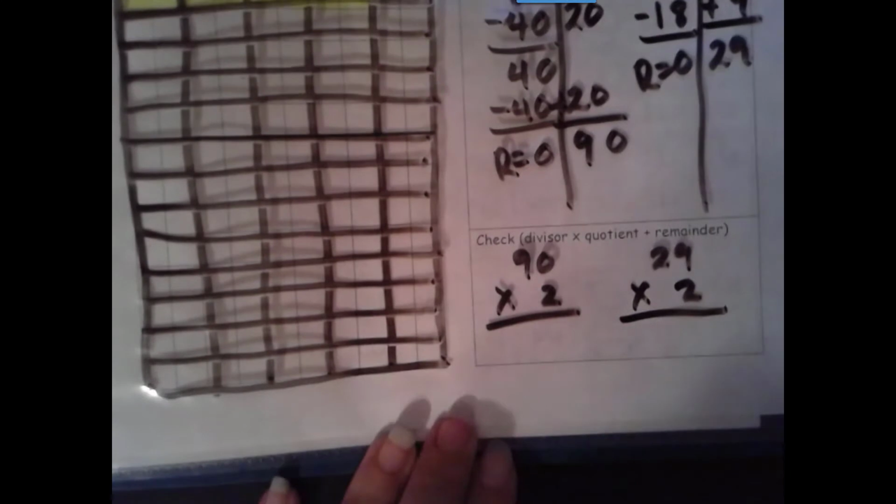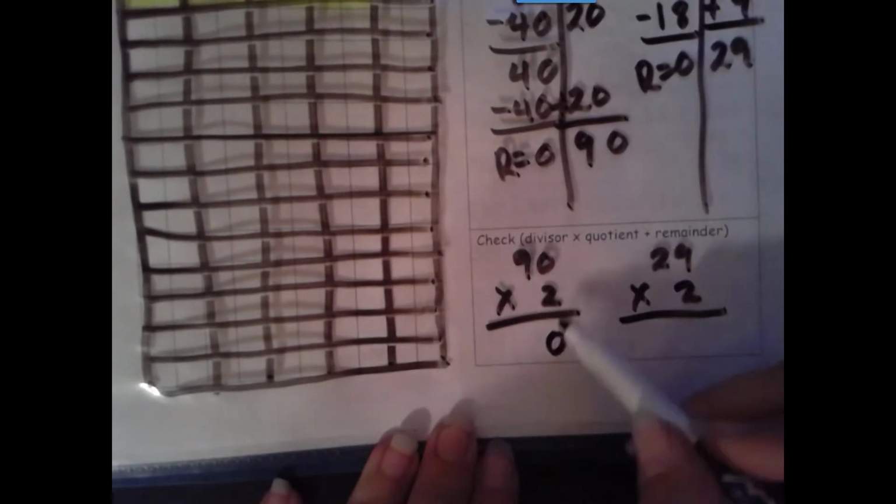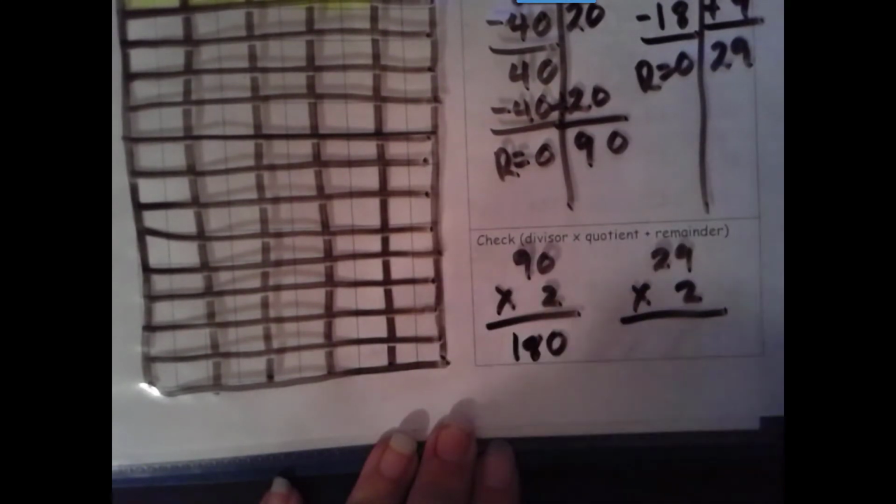Now let's go ahead and check our answer. Divisor times quotient plus remainder. Since our remainder is 0 for both, we don't need to add them, because the identity property of addition says when you add 0, it stays the same. 2 groups of 0 is 0. 2 groups of 9 tenths is 18 tenths. 2 groups of 9 is 18. 2 groups of 2 tenths is 4 tenths, plus 1 more is 5 tenths. 58, that matches our dividend up here.